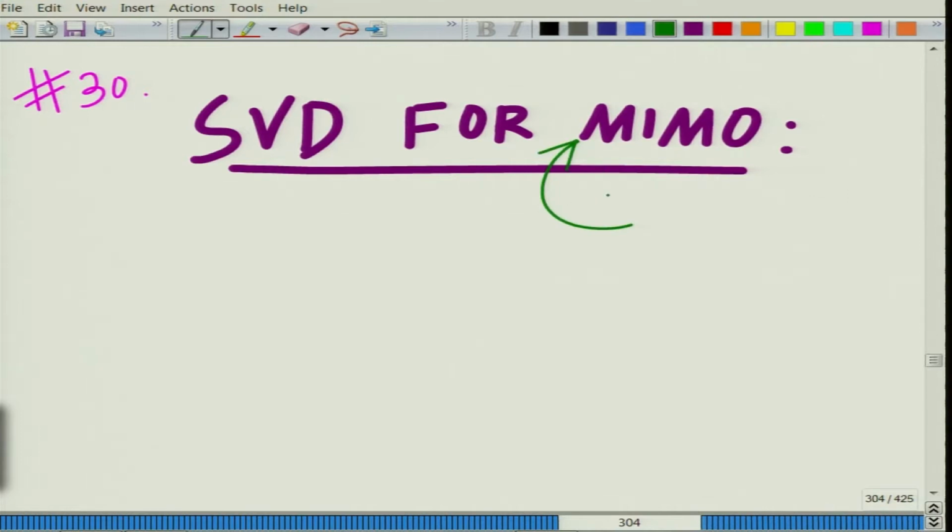We are going to eventually look at a very important part of MIMO optimization, and in fact SVD is used for beamforming.